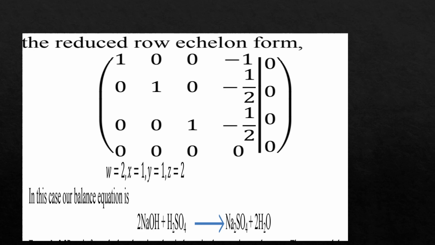Substituting those values here, we get this as the balanced equation. This is how systems of equations are used to balance complicated chemical equations.